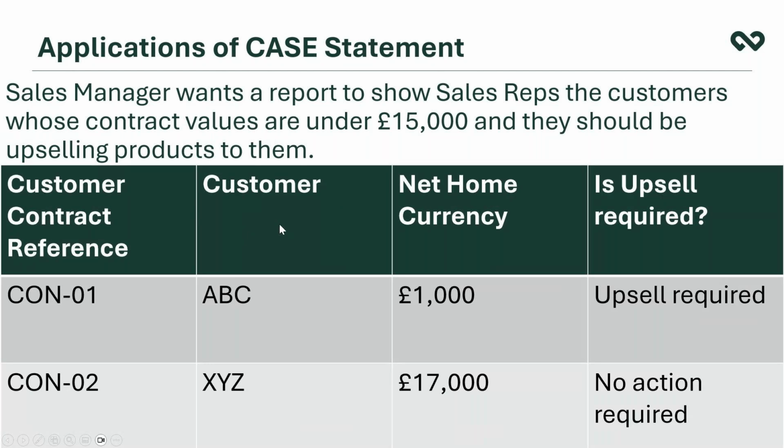On the right hand side of the screen we have a column called is upsell required, and the text upsell required is outputted for a customer in the first row where the net home currency is less than £15,000, whereas in the row below the text outputted is no action required because the home currency is more than £15,000. We'll try and build this example within workbooks when we jump into the product.